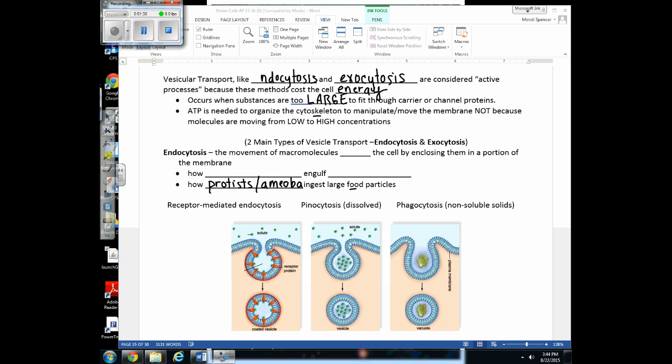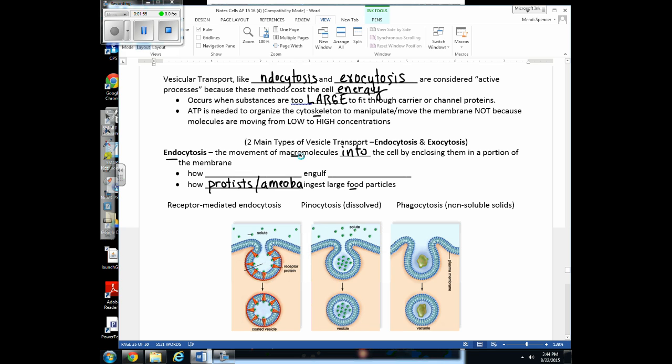So when the cell membrane is being moved and manipulated to bring in these substances, we say endocytosis is occurring. So endo means in. So it's the movement of macromolecules into the cell by enclosing them in a portion of the membrane.